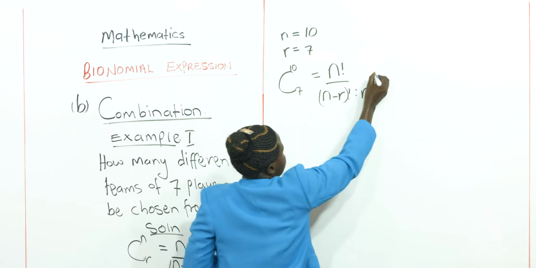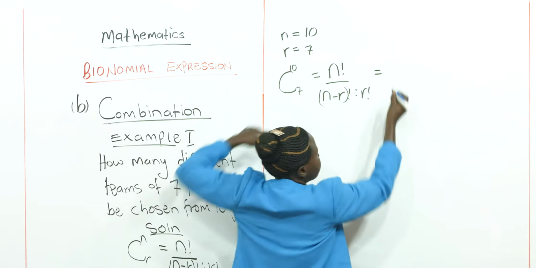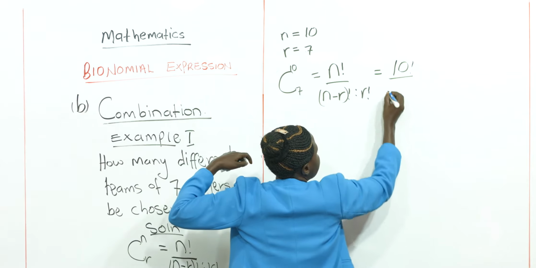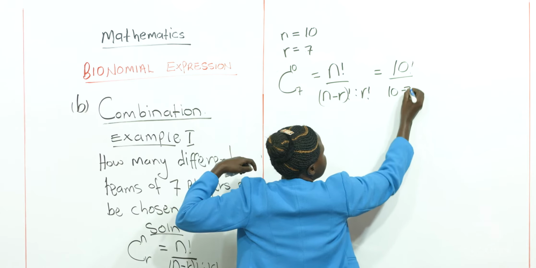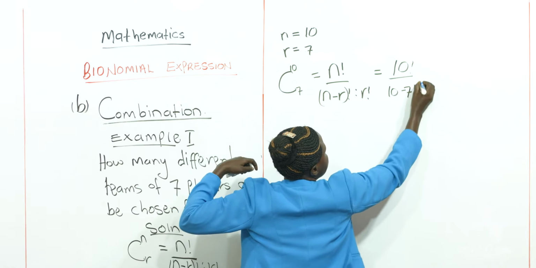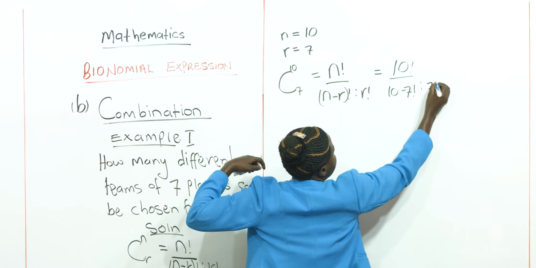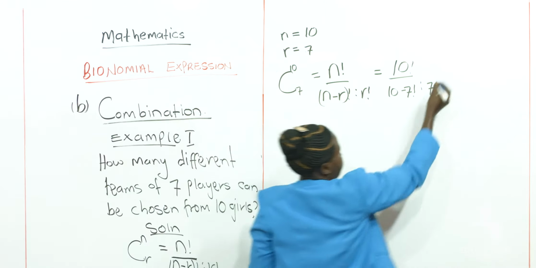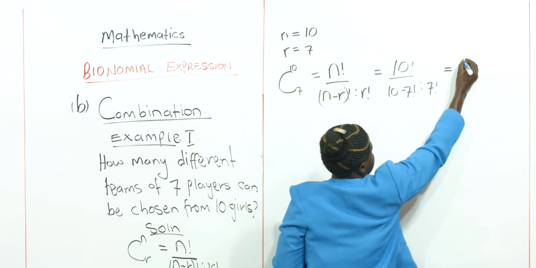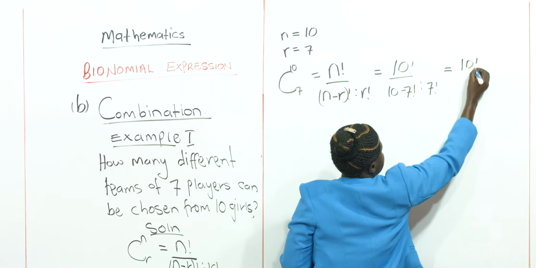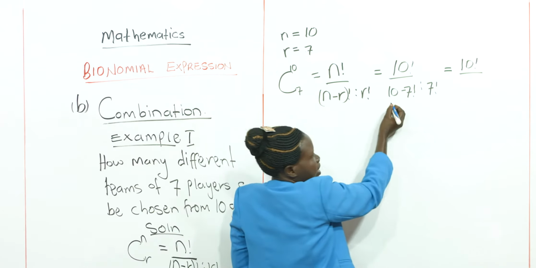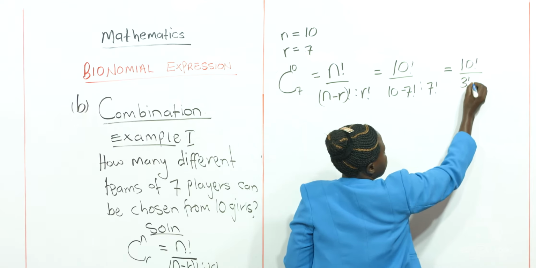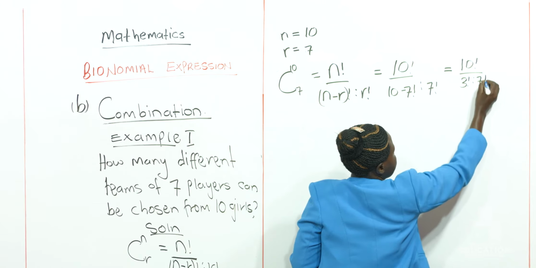When we substitute this, we know that n is 10, so we shall have 10 factorial over 10 minus 7 factorial times 7 factorial, because we know that r is 7. Here we shall have 10 factorial over 10 minus 7, which is 3 factorial times 7 factorial.